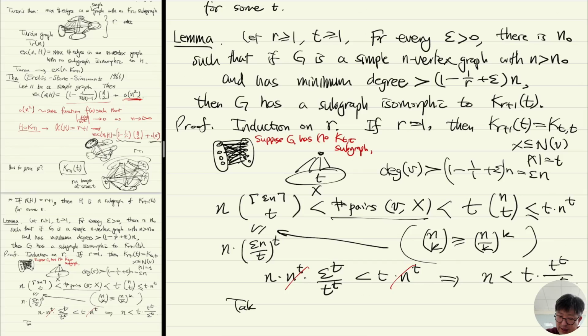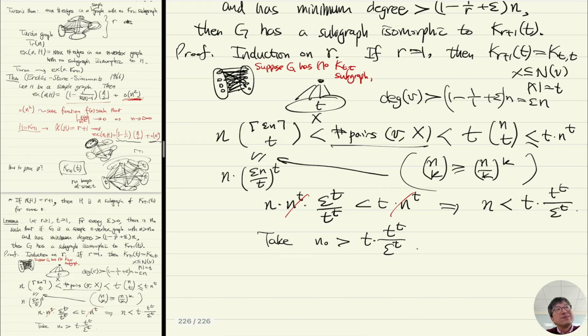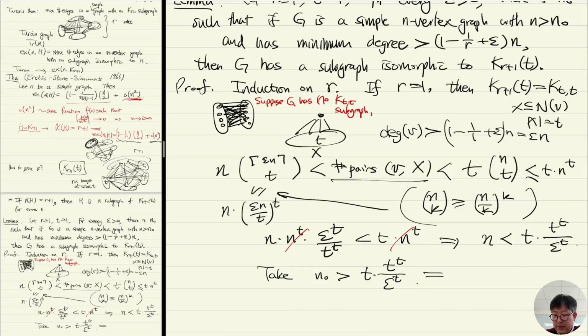So now it's over, right? Take n0 bigger than this number. Then we win if r is 1, right? This means G has a K_{t,t} subgraph.